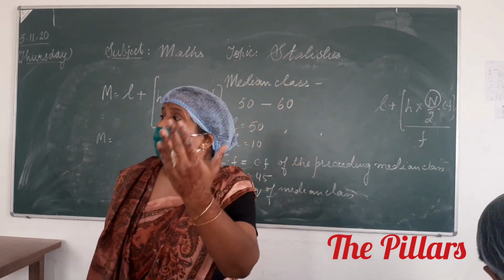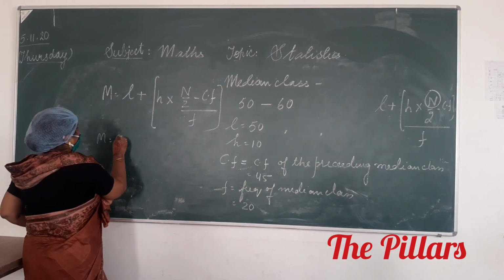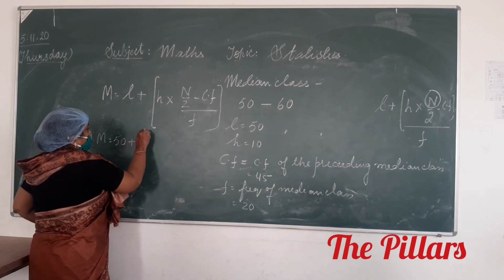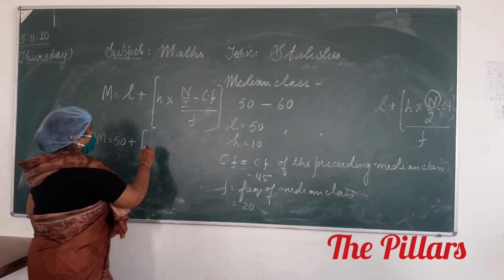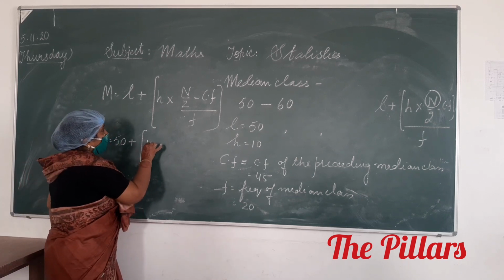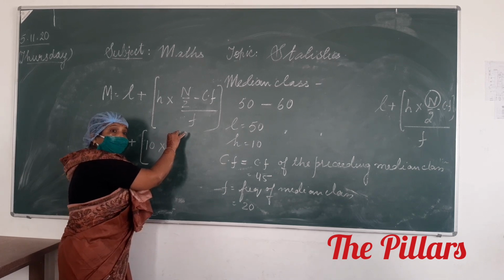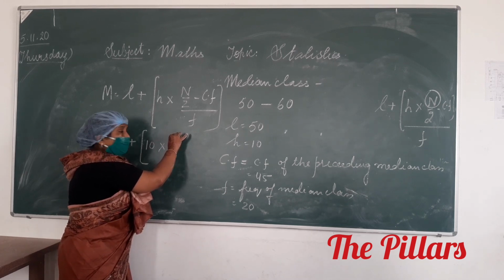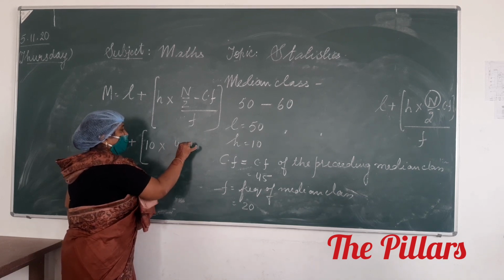Lower limit of the median class. How much is that? 50 plus. What does this h stand for? Class size. How much is the class size? 10. Into. What is our n? Sum of all frequencies. How much was that? 90. By 2, straight away you can write 45, because you have taken it out.